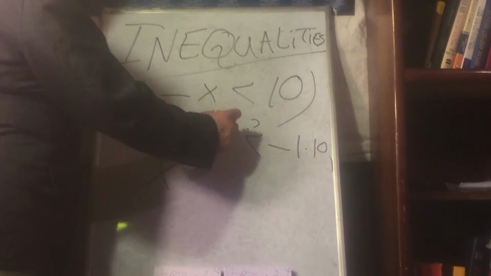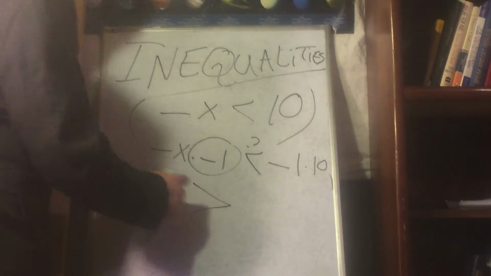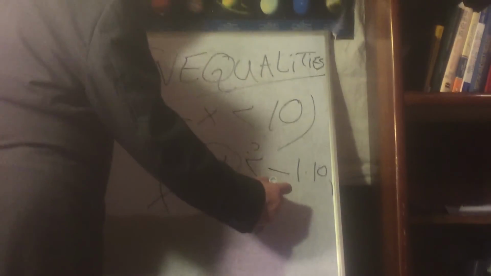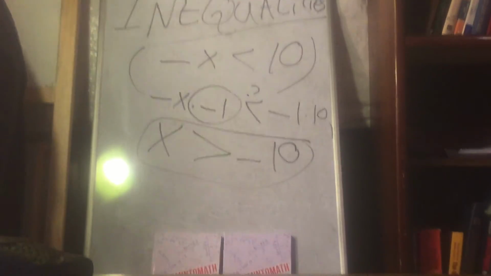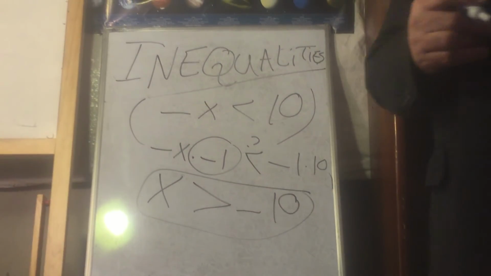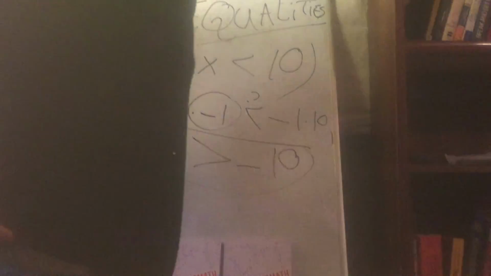But since we multiply by a negative, we reverse the sign: greater than negative 10. That's it, negative 10. If you need to divide by a negative number to get rid of a value, then you also reverse the sign. Reverse the sign if you multiply or divide by a negative number. That is the rule. Okay, that's enough for inequalities.